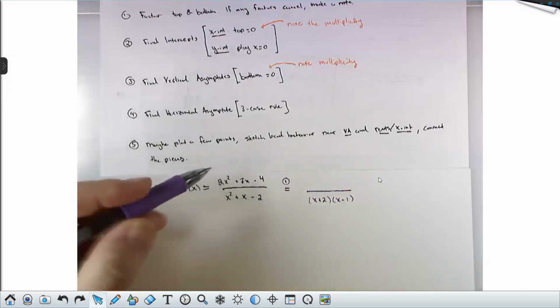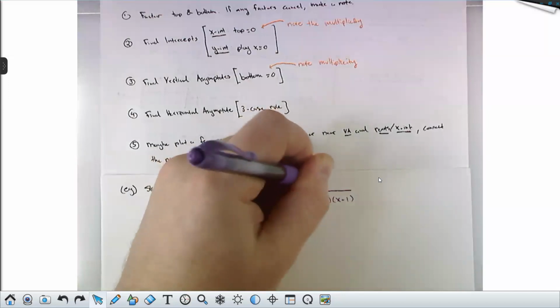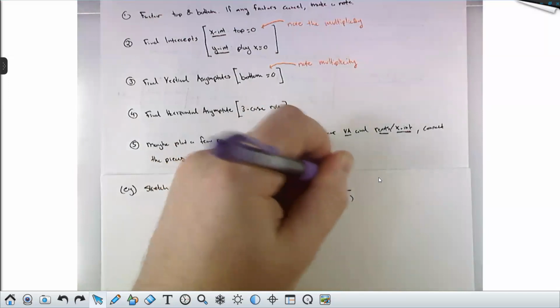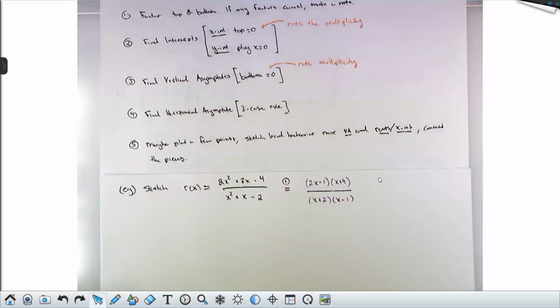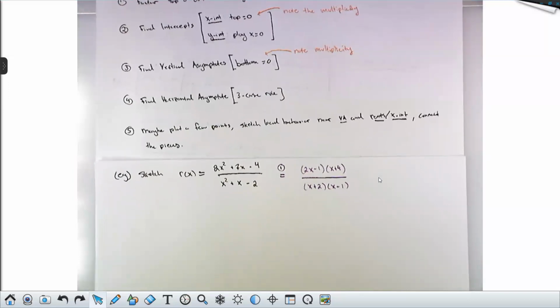And then you use your AC method to factor it. It factors as 2x minus 1 times x plus 4. I think we've done that enough that I don't need to walk through the whole AC method. So that's the top and bottom factored. There are no factors which cancel. There's no common factor between the top and the bottom.